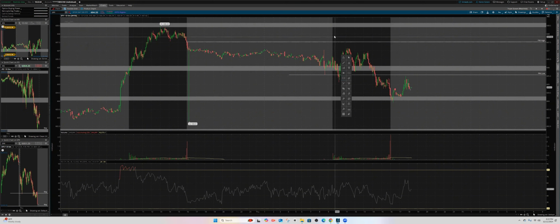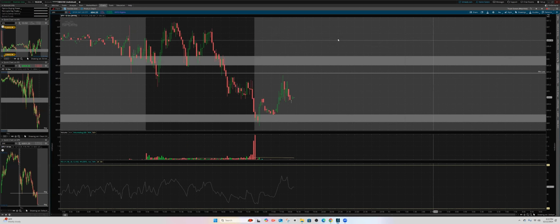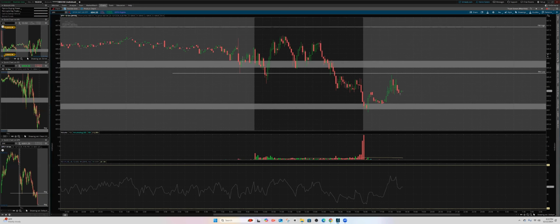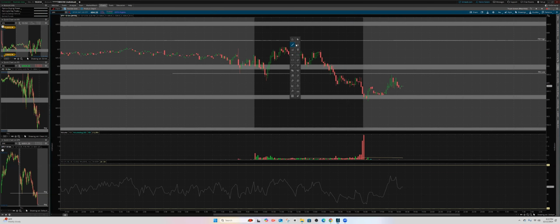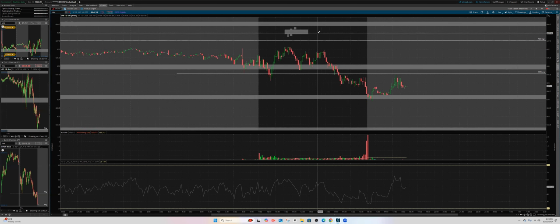But the first one is context, location. So say this is a key zone up here. I think this is a weaker zone, but say this was a key zone right up here, and we were getting a trend entry, something like this, you get a nice impulse candle, and you get this right here, which is your bullish FVG.